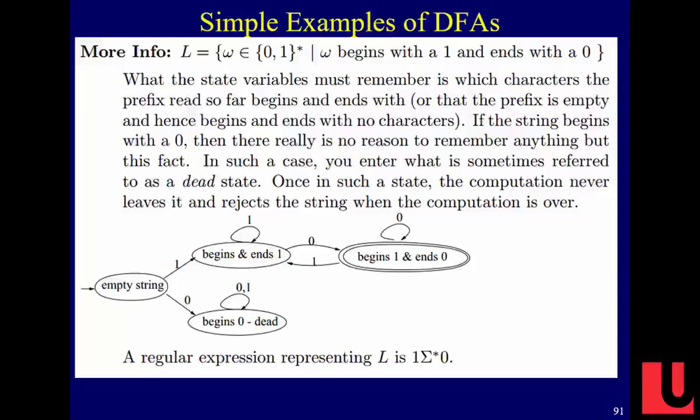Well, if the path comes to here, it either came from here and followed a 0. Well, if it came from here and followed a 0, then by induction, it came here and it began with a 1 and it ended with a 0, and then did a 0. So it began with a 1 and ended with a 0, right? Or maybe it came from here and followed a 0.